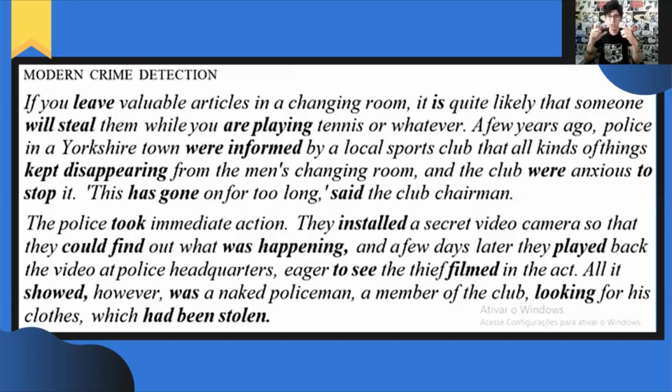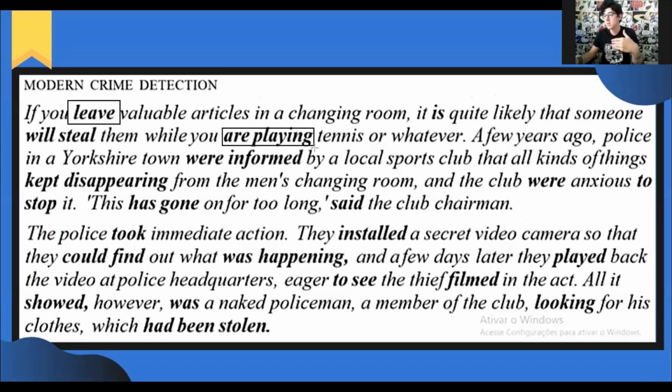In these two short paragraphs, the bold words are the verb forms, how the verb is conjugated inside the sentences. So here we have leave, are playing. All of those are verb forms.